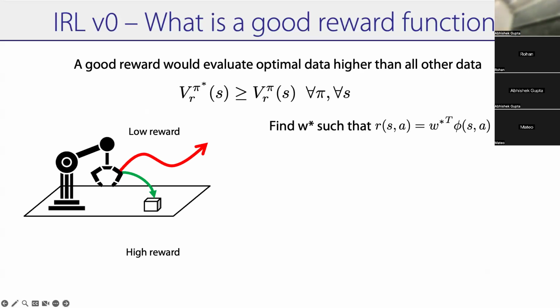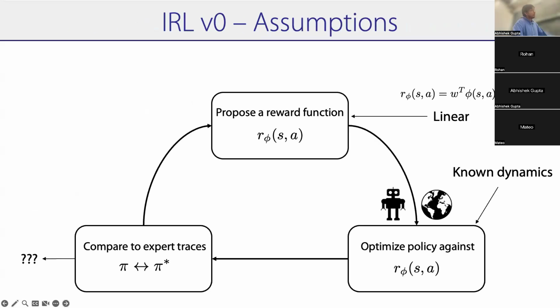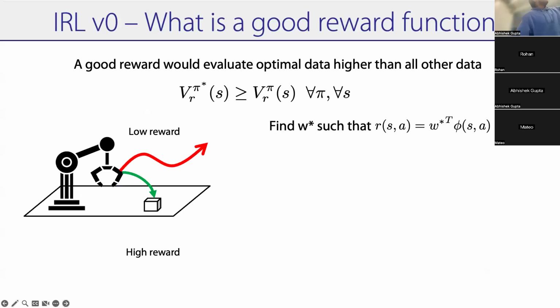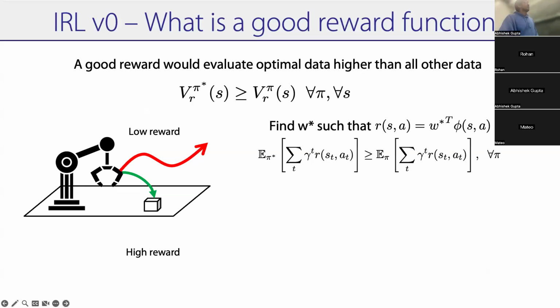Going back to our assumptions, the dynamics are known and the reward is linear. So we're going to stick these assumptions into our condition. Our optimality condition says we want to find an R such that this constraint holds true. We want to find an R such that V pi star of R is greater than V pi of R for all pi. Now, let's try and substitute this in.